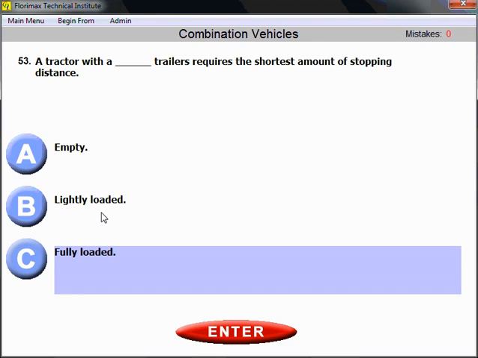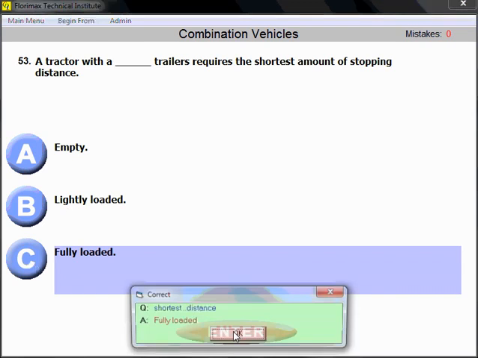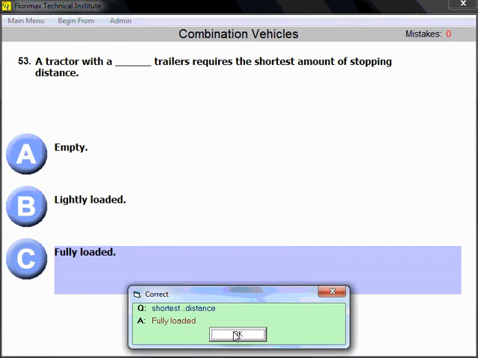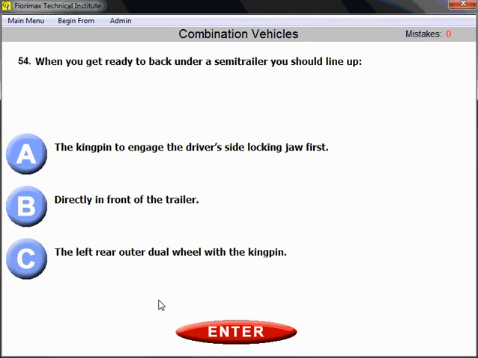Empty or lightly loaded would require a longer distance to stop, because the brake system and suspension system of combination vehicles are specifically designed to stop the vehicle when it is fully loaded. All right, fully loaded.